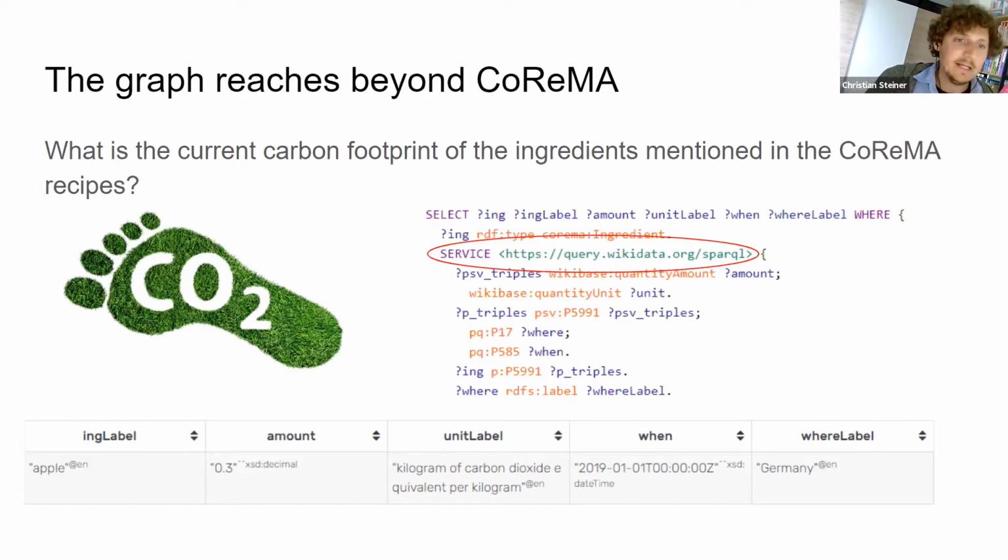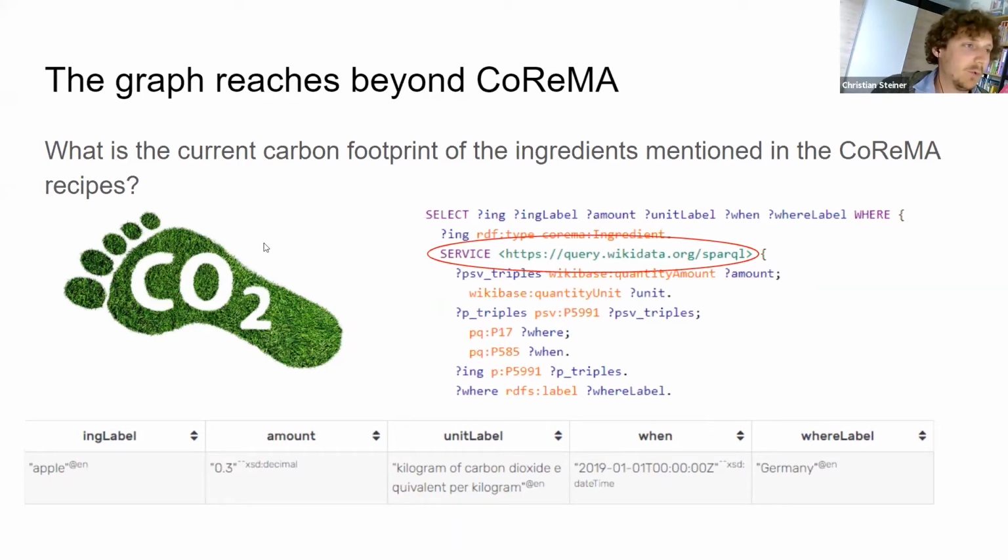No, because the links go outside, because we decided to use Wikidata links, Wikidata IDs for our entities, being tools and ingredients as the main entities. And so in this way, we automatically created a way bigger graph than we would have if we just used the CoReMA data. And there's nothing else we have to do but use this service keyword in the SPARQL query to now query different databases as well, like Wikidata.